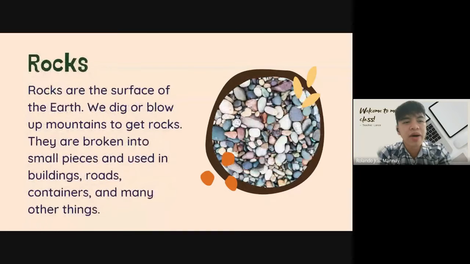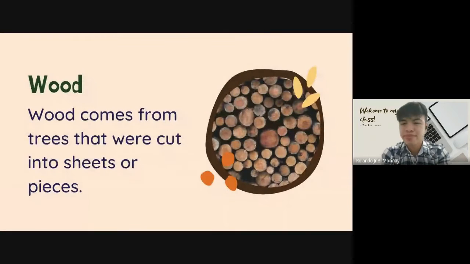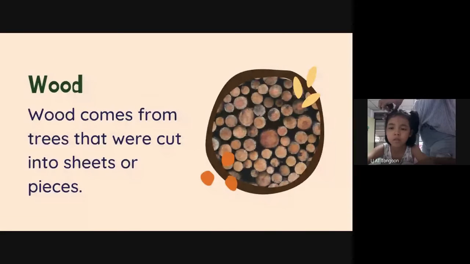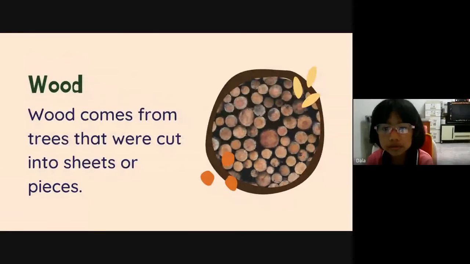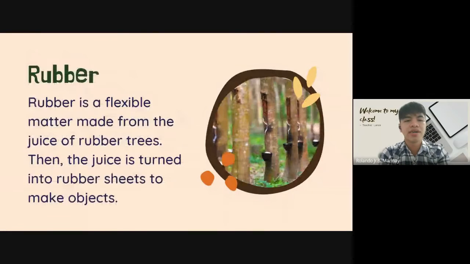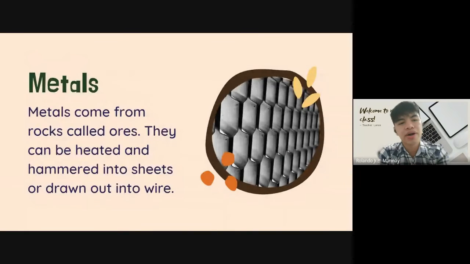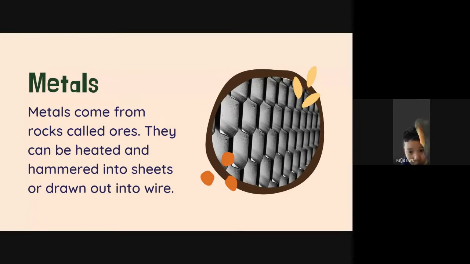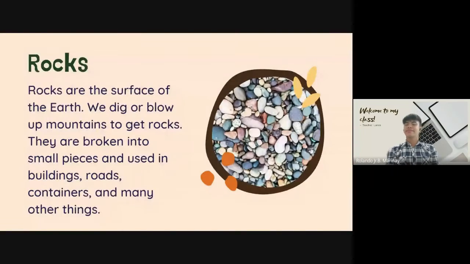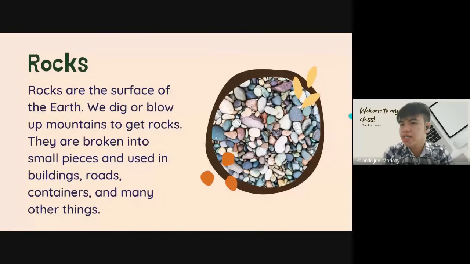Let's go back again. Let's review from word to word. What's this? Wood. Very good. What about this one? Rubber and metal and rocks.